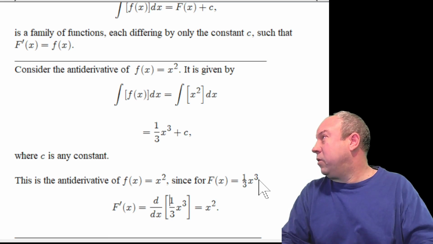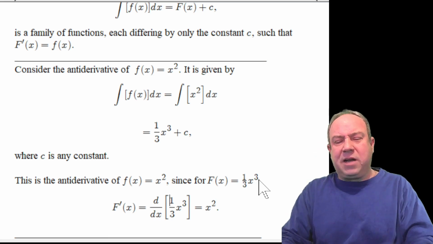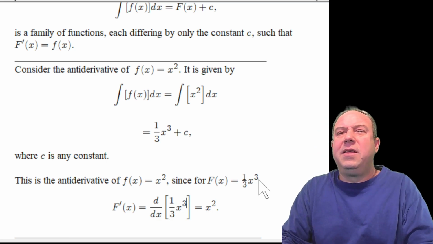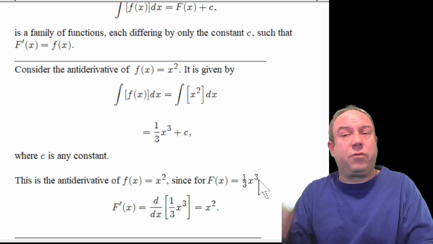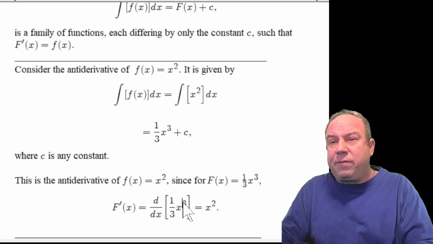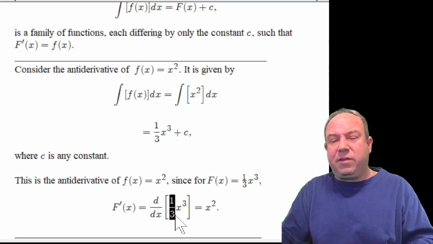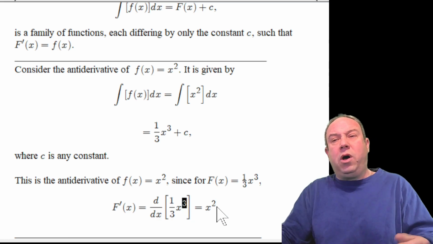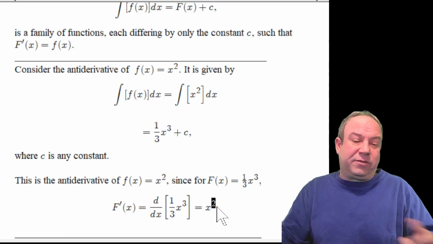Again, that's why I'm going through these with you, as I am also trying to proofread these with you. This gives us 1/3 x cubed, where if we apply our rules of derivatives, bringing that power 3 out in front, it will cancel out as a constant multiple with the 1/3 and reduce its power by 1, dropping it to squared.